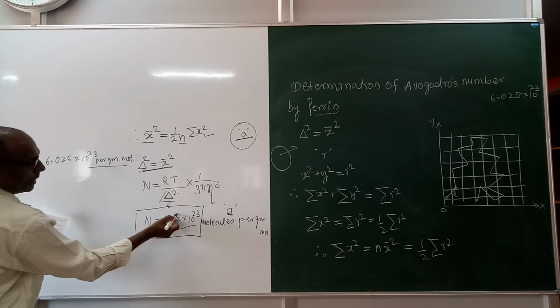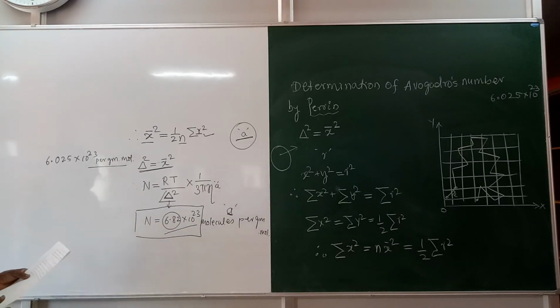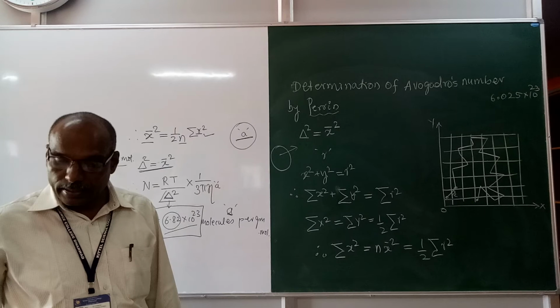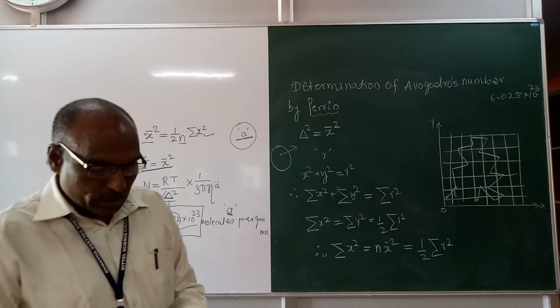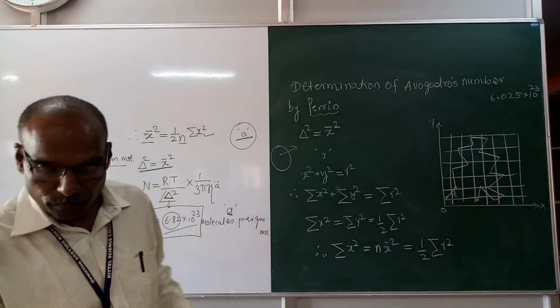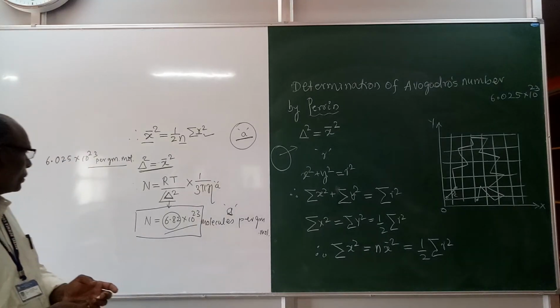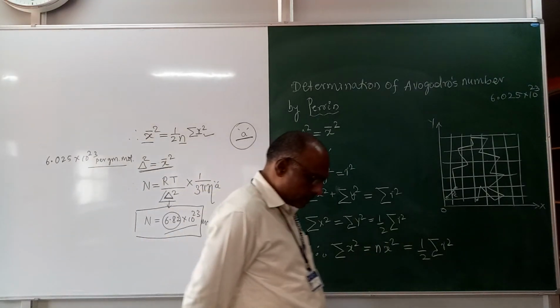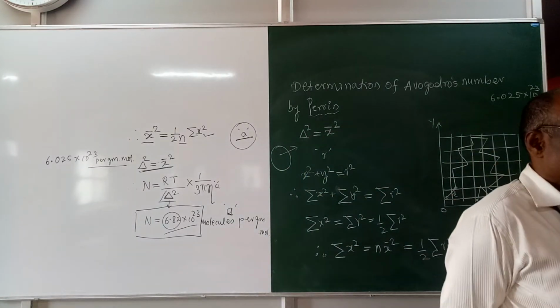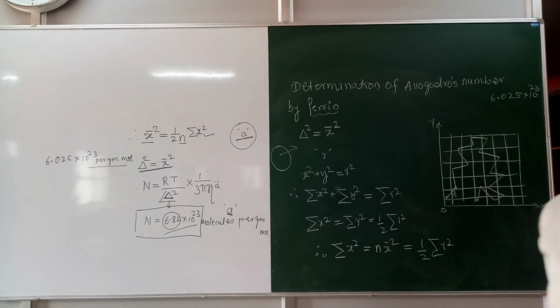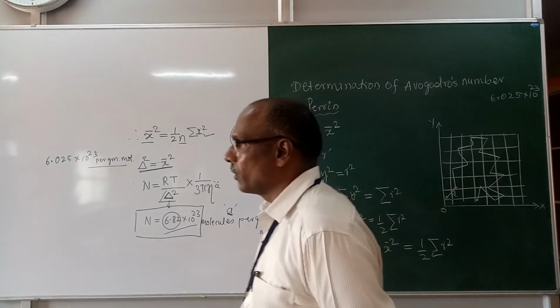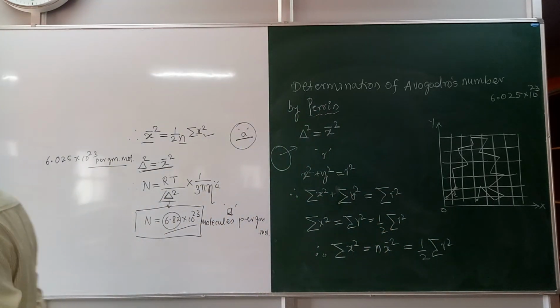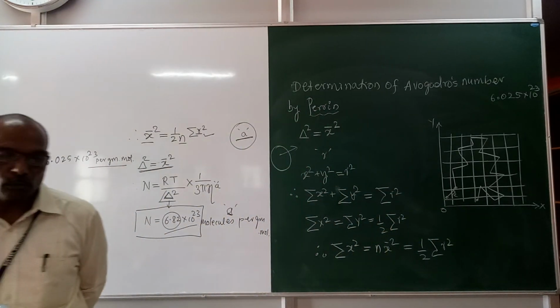This is a little higher, but within the experimental error. If we reduce that error, it might agree. So this is in close agreement, and therefore we say that the theory proposed by Einstein is found to be a satisfactory theory of Brownian motion.